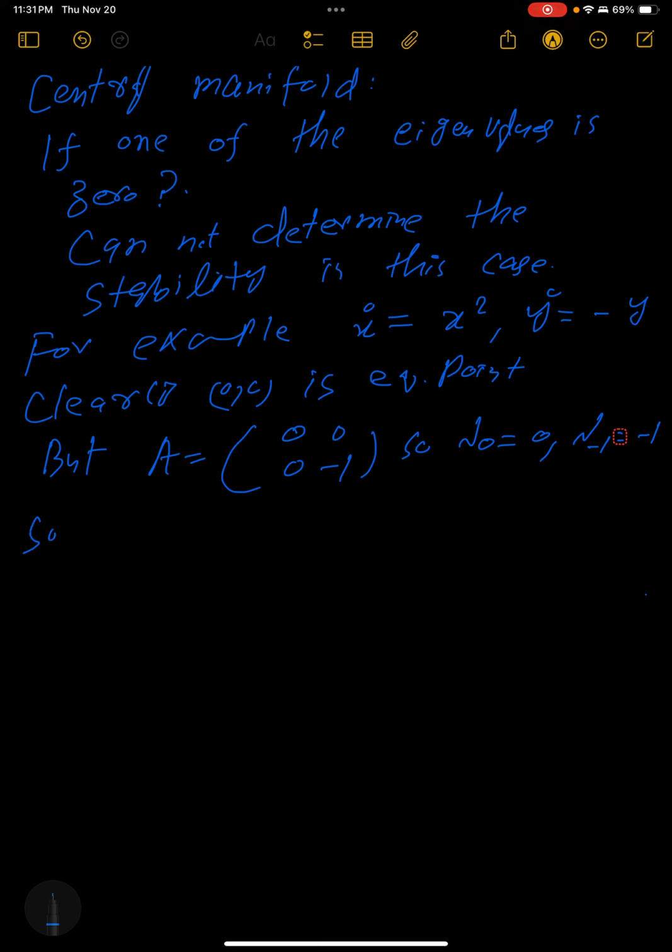So lambda naught is a non-hyperbolic equilibrium point. So this means that we cannot determine the stability.